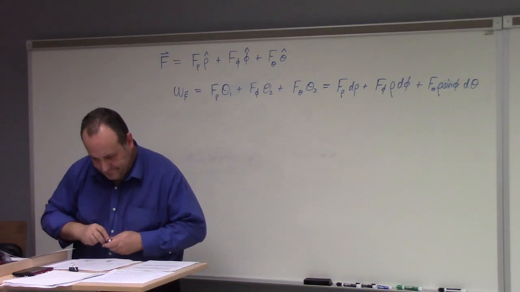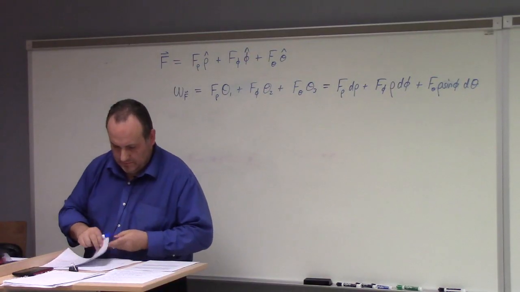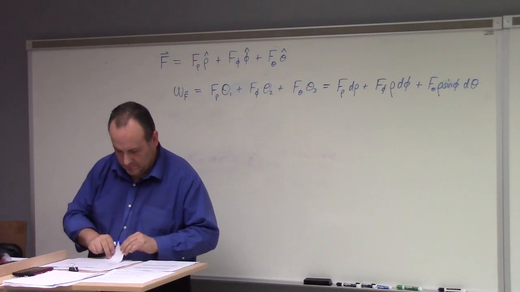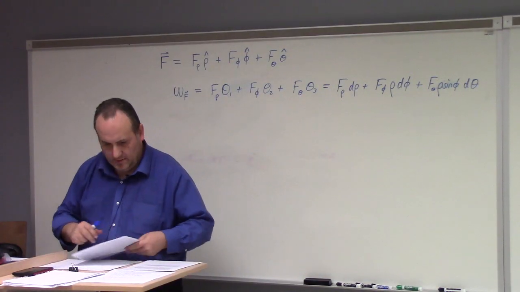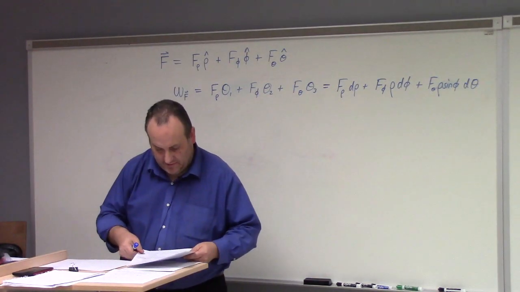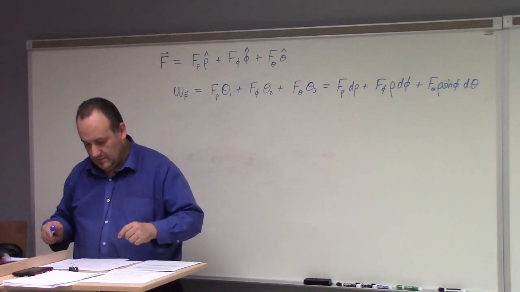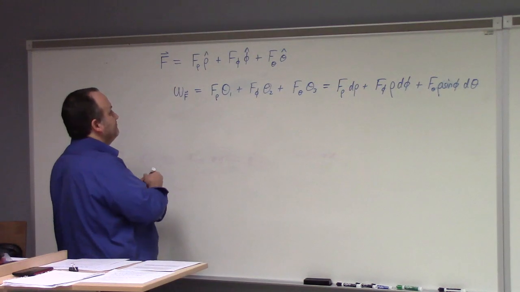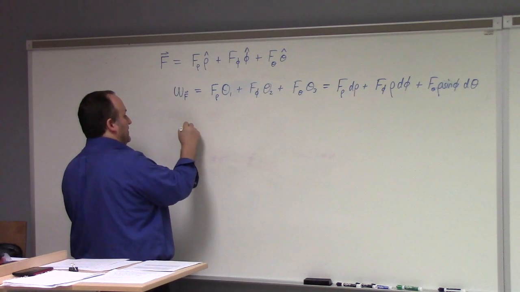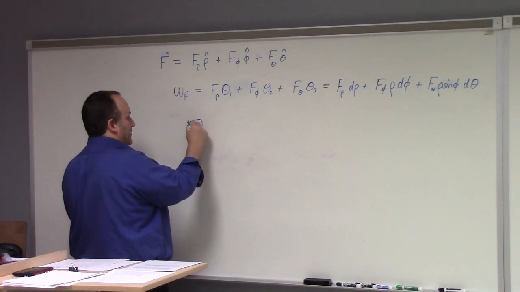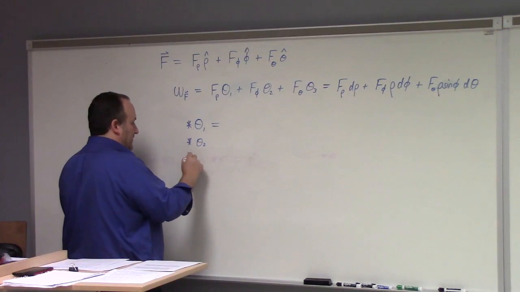Oh man, my papers got out of order here, guys. So the other thing is we can argue about the Hodge dual of theta 1, the Hodge dual of theta 2, and the Hodge dual of theta 3.